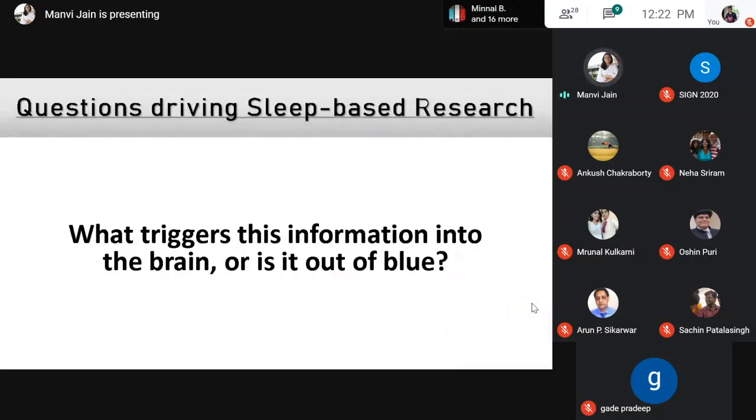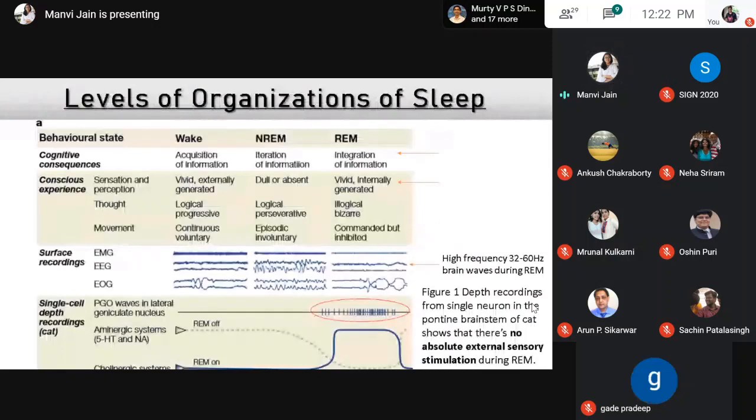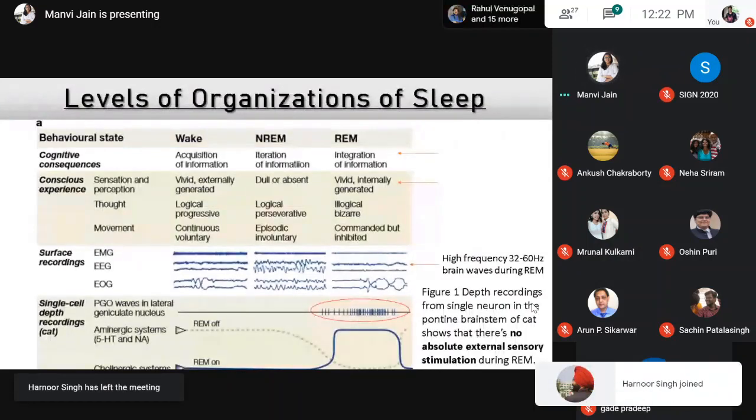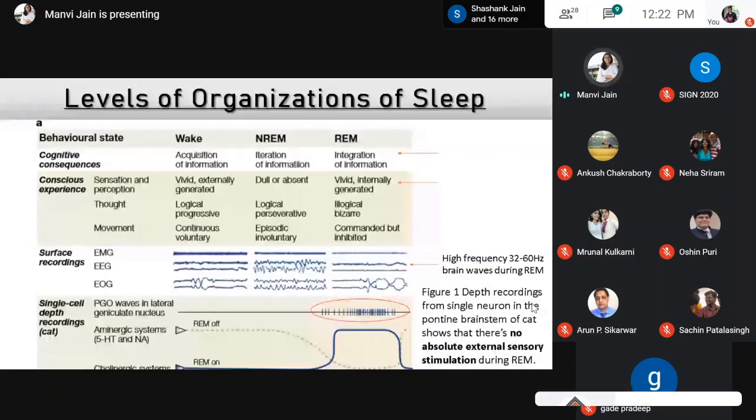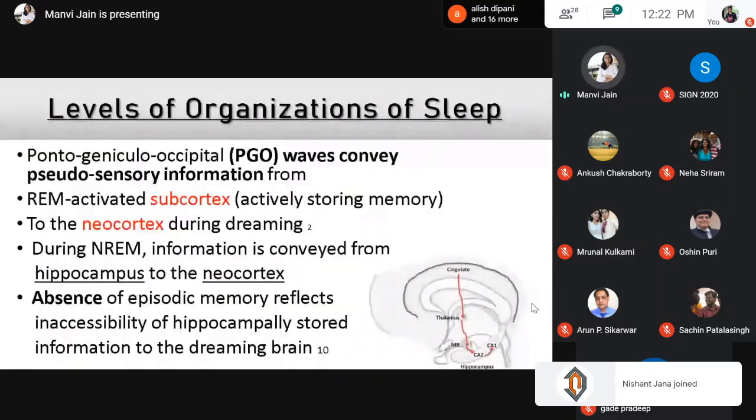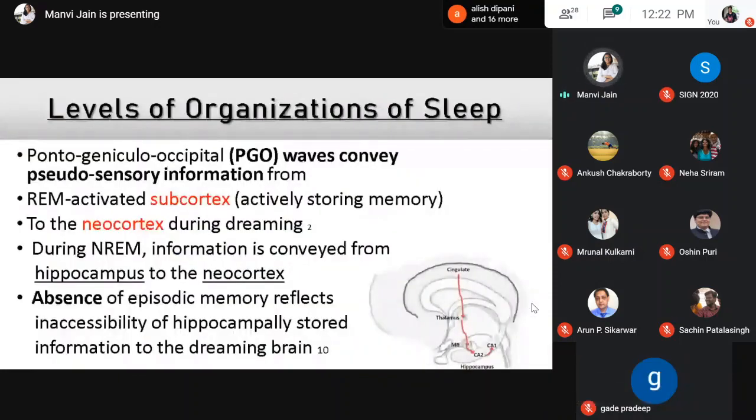This is an important chart for me because, after regressive researches, it shows that during the wake state we acquire some information, and then during NREM that real-time information is processed. How this happens, you just see the fourth point. During NREM, the information is conveyed from the hippocampus to the neocortex.